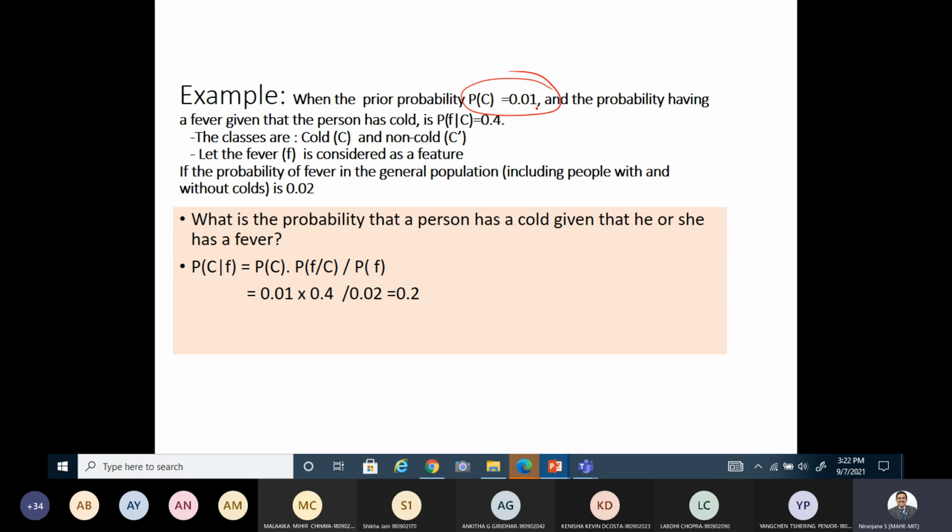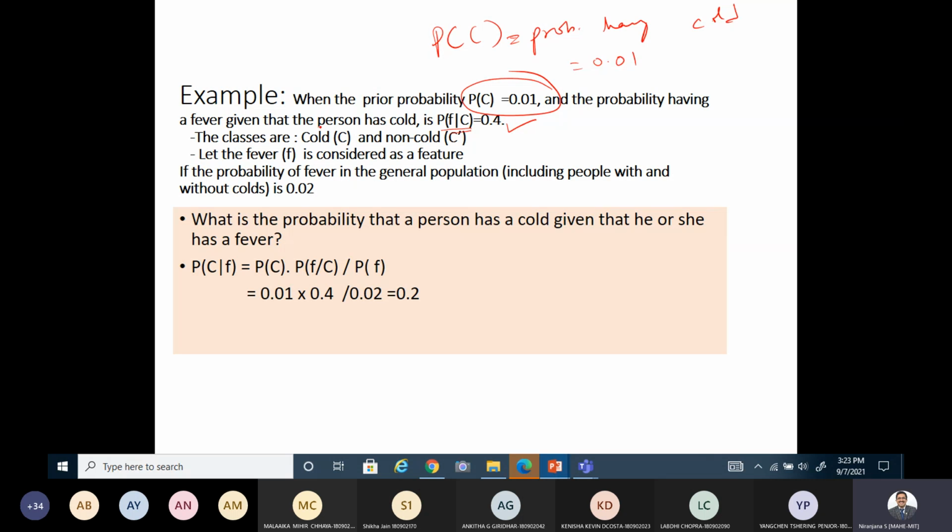P of C is nothing but the probability of having cold, which is given as 0.001. A class conditional probability is given. The probability of having a fever, given that the person has cold, is 0.4.